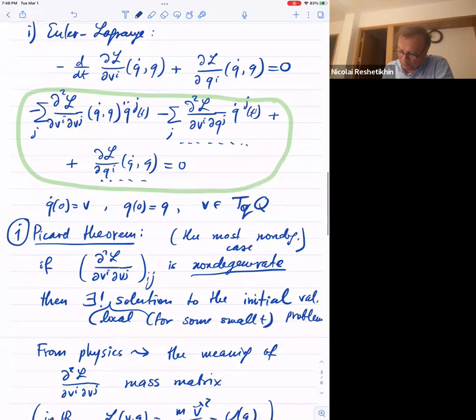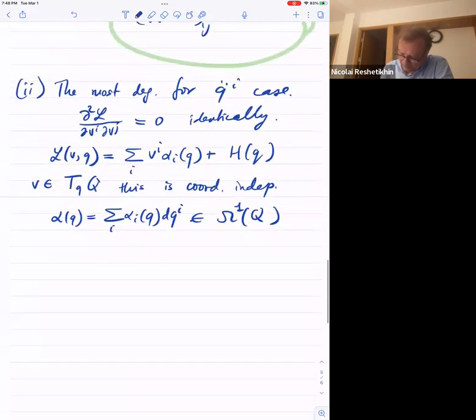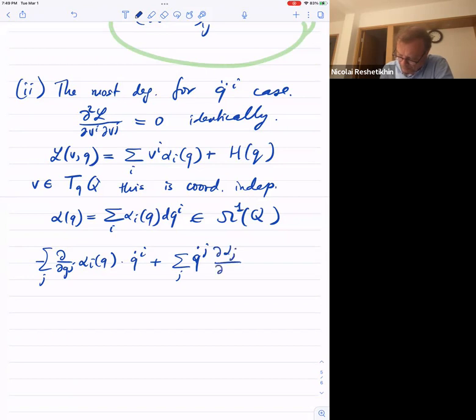So let's write them in terms of alpha, so we'll have minus d dqj alpha I q, and then we have to substitute q dot I plus, and then when we differentiate the Lagrangian in Q, we will have sum over J, Q dot J, and then d alpha J, d Q I plus dh dqi equals 0.